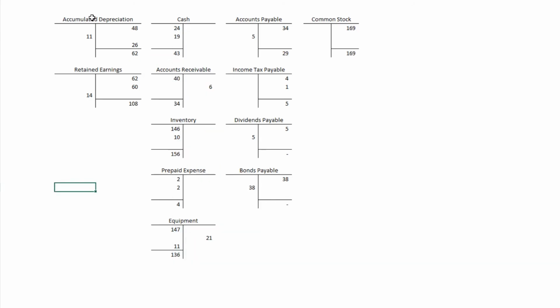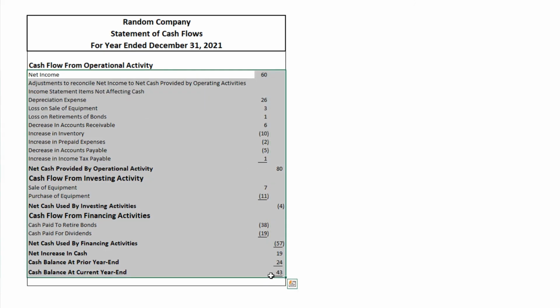And then you have the cumulative depreciation. This is what we sold. This is our depreciation expense. This is our net income. This is our dividends. And then these are all the different things that are happening that go inside here, increases and decreases. And now we've answered every part of the statement of cash flow.